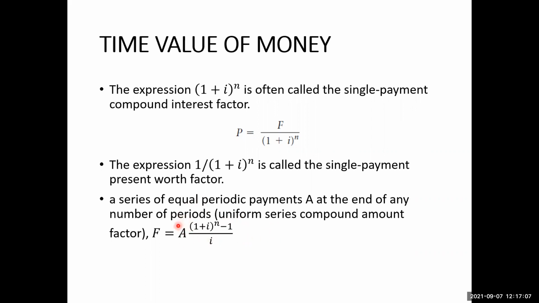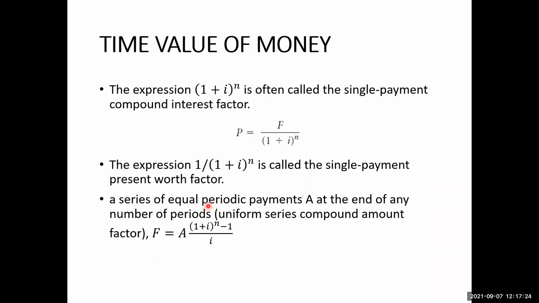This $1,000 every month can be represented as A. In this case, there is not a single payment, there is a series of equal periodic payments, A.